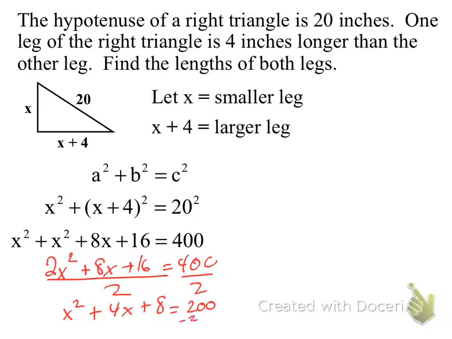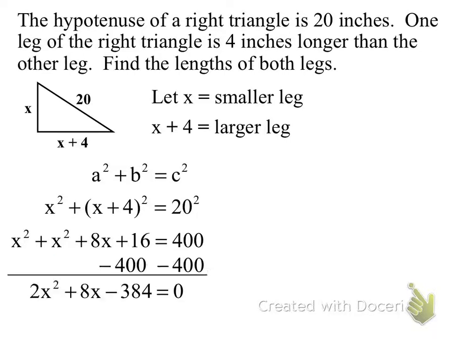Subtract that 200, we get x squared plus 4x minus 192. Okay? I like to divide it by 2 first because I don't like the number 384. I can divide 400 by 2 and 2x squared, but it doesn't matter where you do that. We still end up at the same thing.